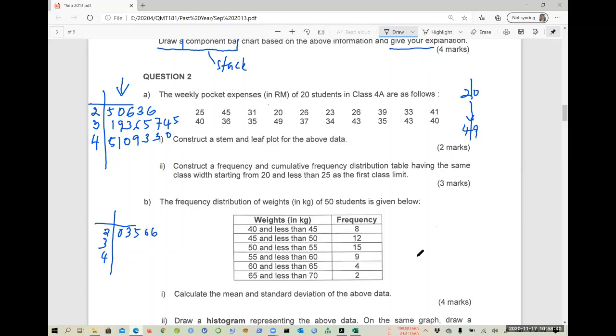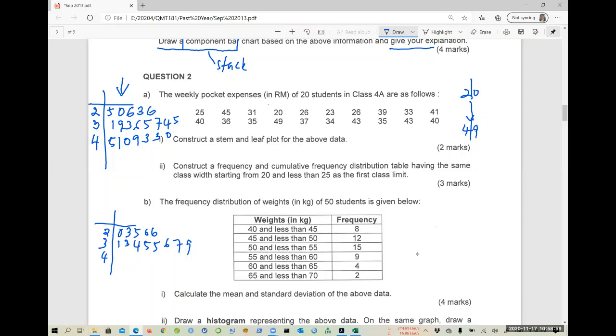And then for this one you have 1, 3, 4, 5, 5, 6, 7, 9.